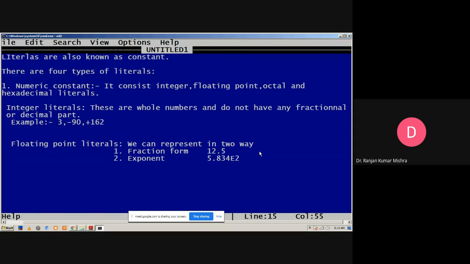This is the floating point literal representation: one is the fraction form and the second is the exponent form. Now we discuss the octal literals.